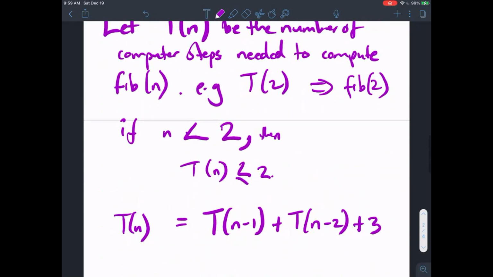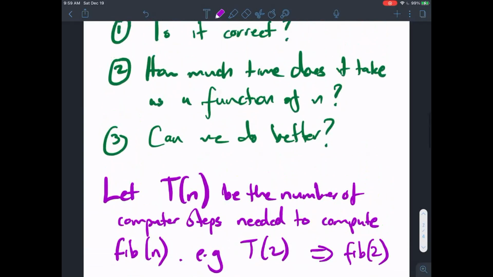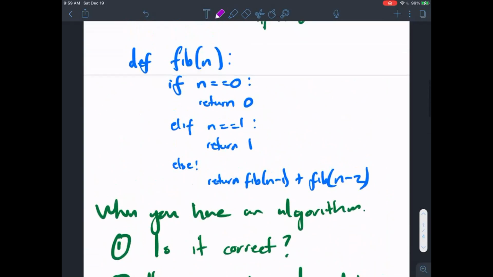And then we add one more step. When you have the number of steps from here, we just do a check on the value of n, and then a final addition, because you can check there and check there.